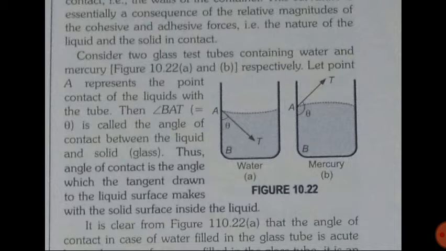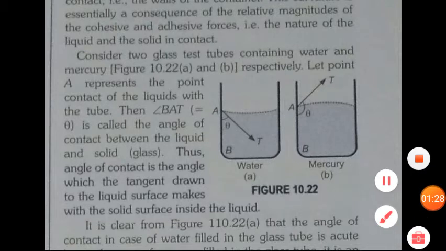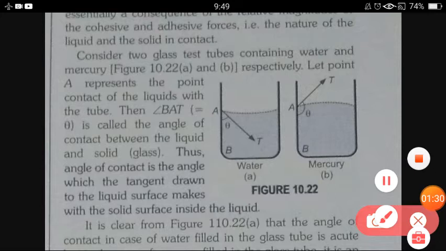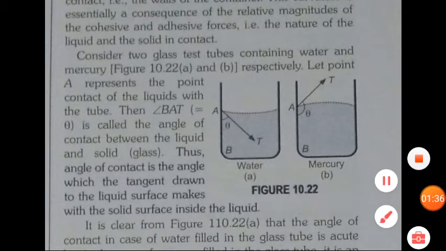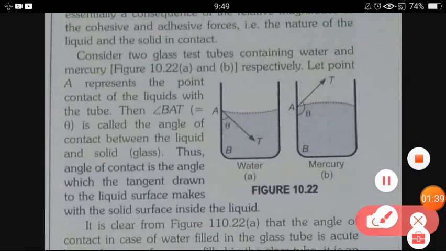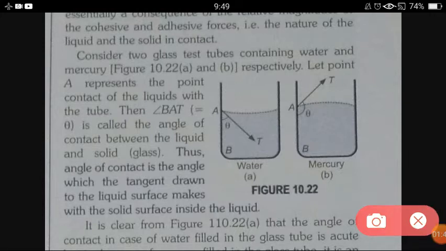They make the angle between the surface and the exterior wall, but it is wrong. When we are talking about the angle of contact, it is the angle between this surface and the wall of the container inside, inside the liquid.